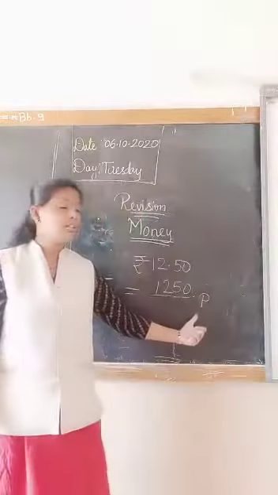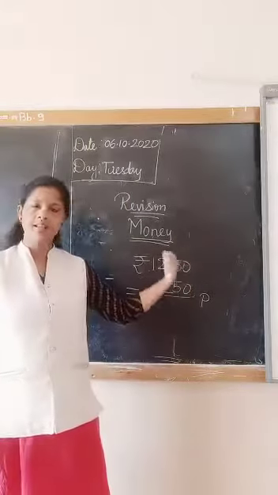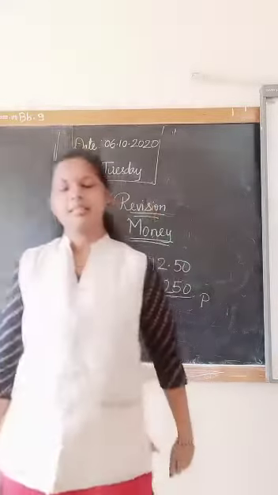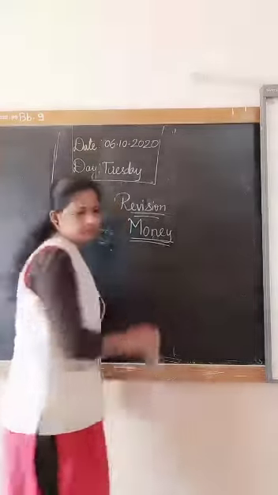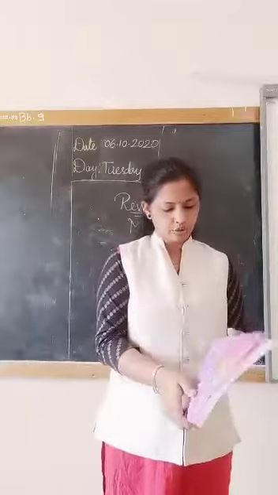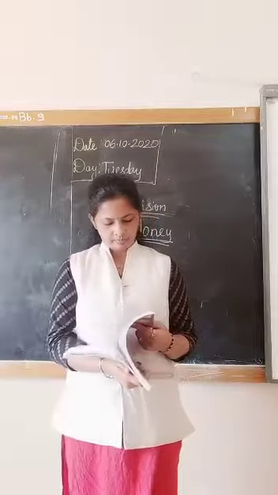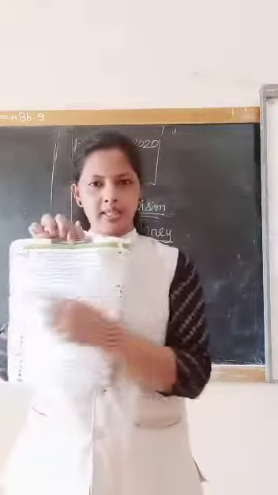If you have to convert into paise, the actual method is multiplying by 100, which is the same as removing the point. Is that clear? This is what you have on the first page of the money chapter. You need not open any book there, just look at the board. Okay, that's it. On this page, the same thing is given.